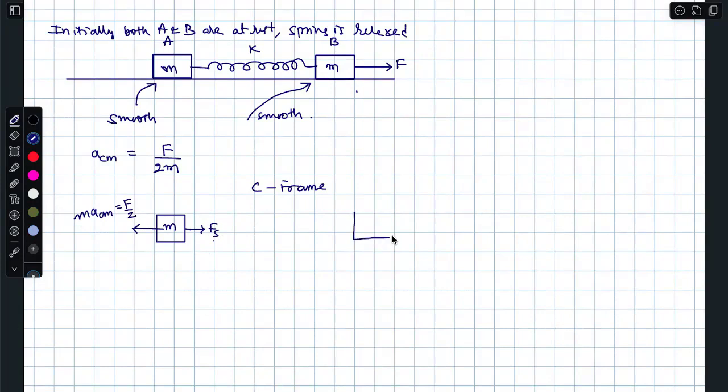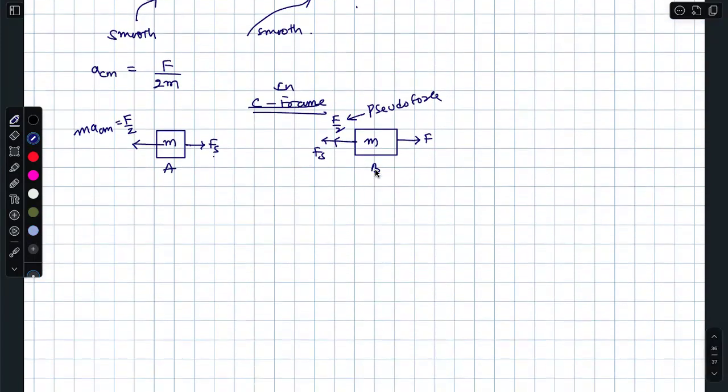Similarly, this particular block, this is A actually, this is B actually, will experience spring force, applied force, and a pseudo force, the same F by 2. This is a pseudo force due to the acceleration of center of mass.